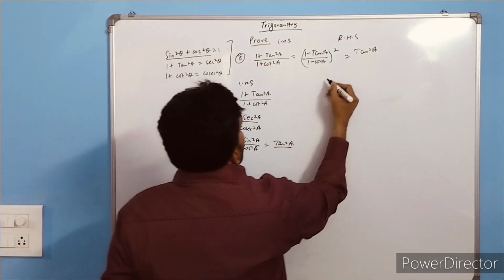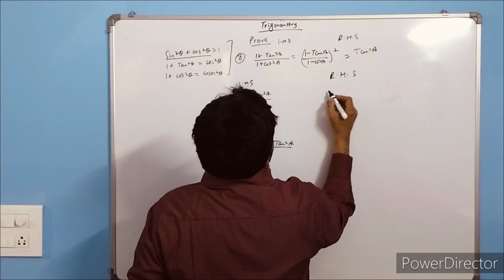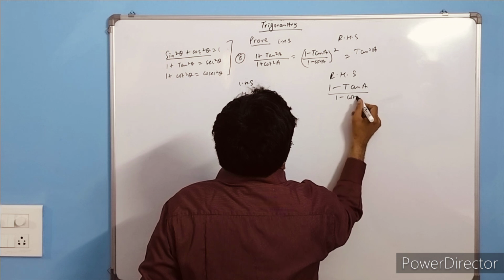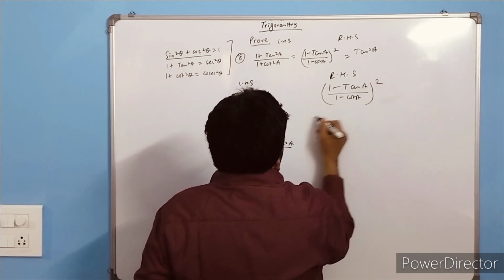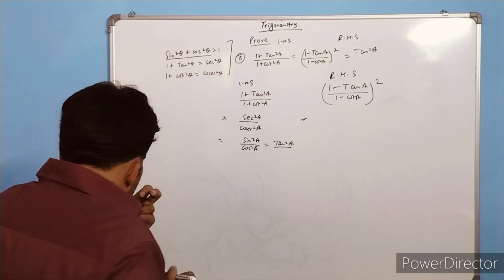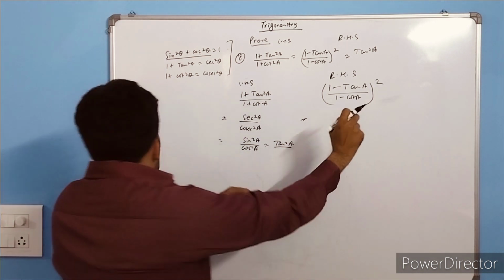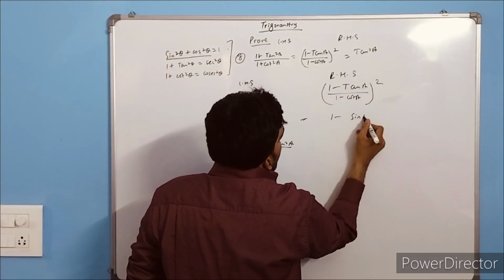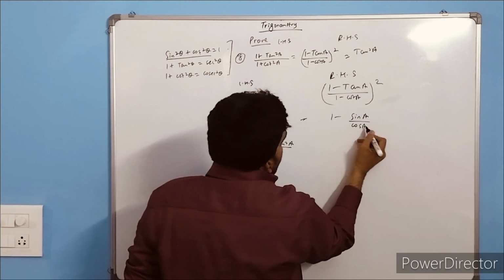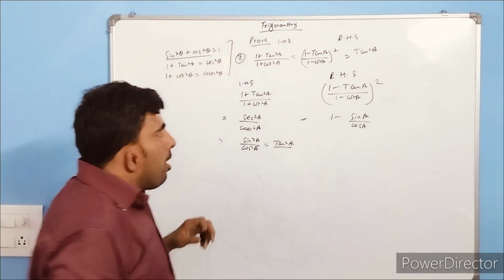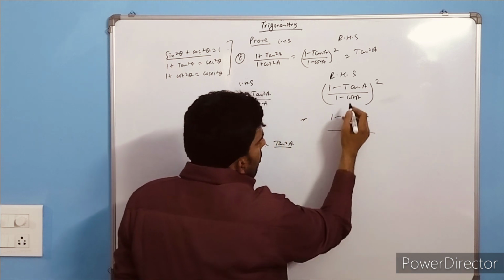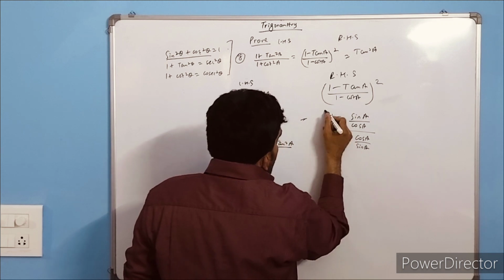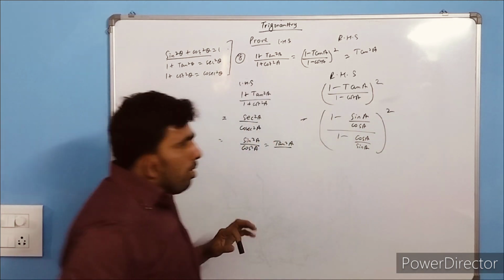How? See, what they have given in the RHS is (1 minus tan A) upon (1 minus cot A). Okay, so now let's try to solve this. How to solve this? Now write tan A is equal to sin A upon cos A, and cot A I can write as cos A upon sin A. Okay, this is given in the square form.